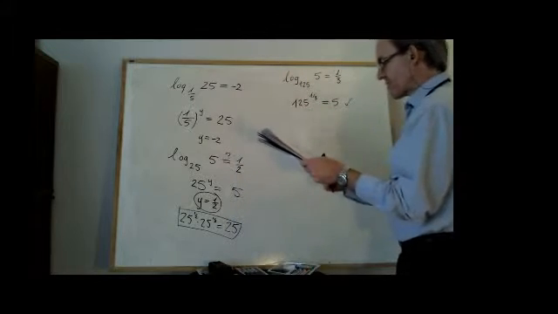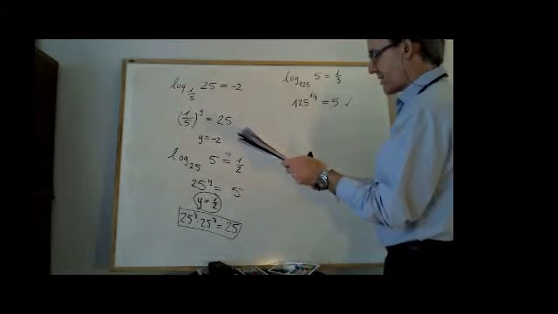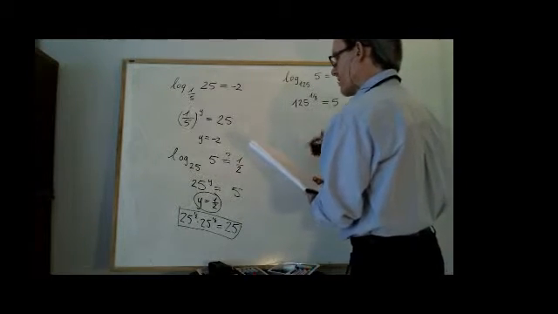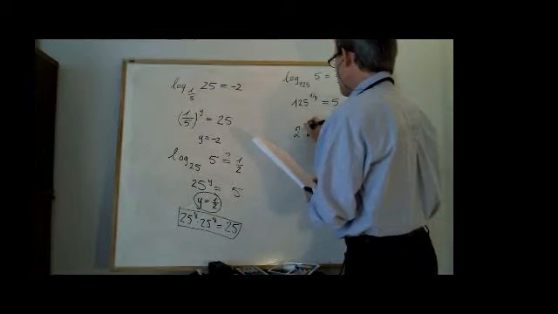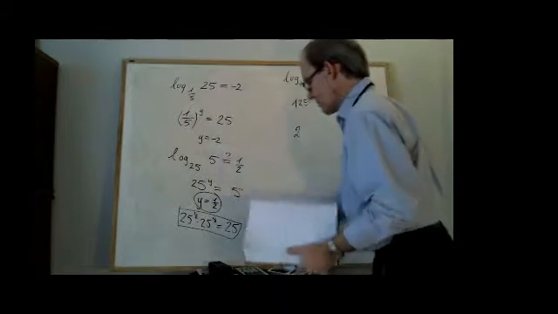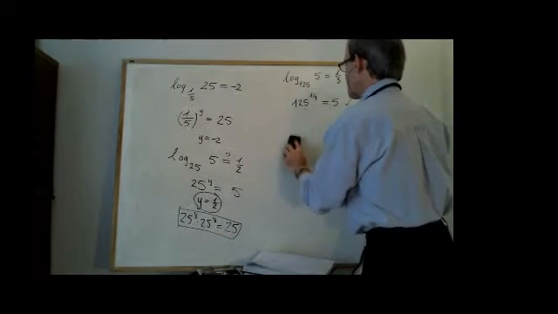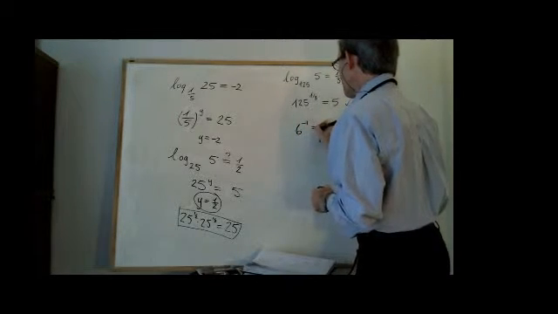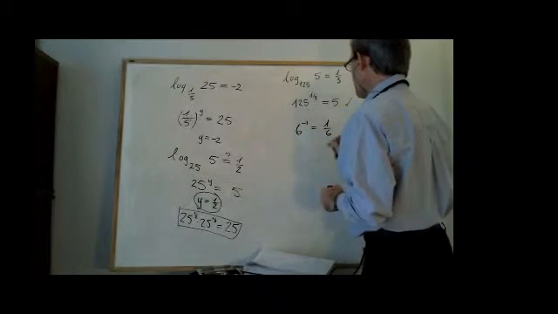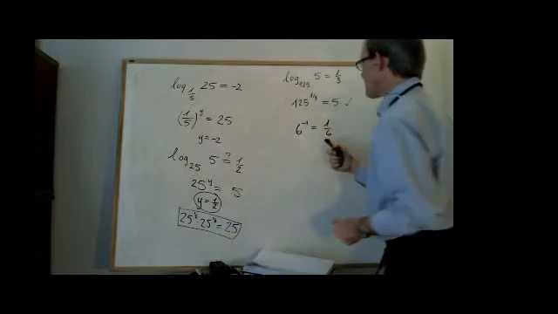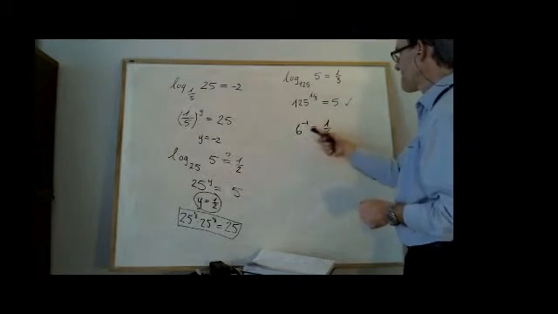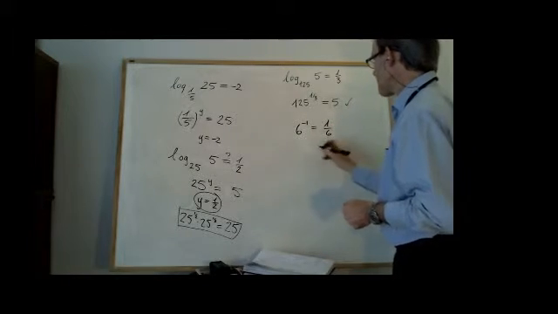Okay, so let's figure some other ones out. You can now do this with a whole number of things here. Well, let's say 6 to the minus 1 is 1/6. So what is the equivalent logarithmic form of this? This just means take the reciprocal of 6 and get 1/6.